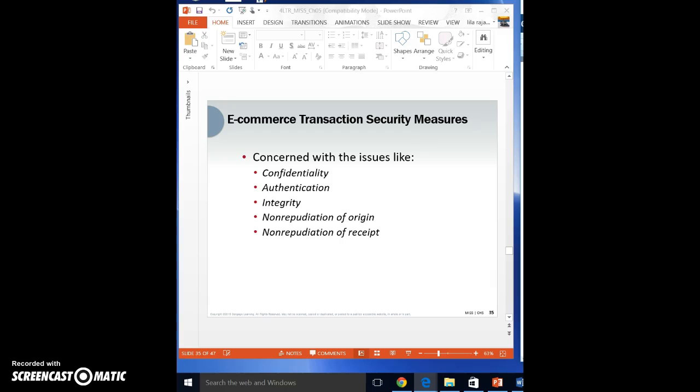Non-repudiation is needed in case a dispute over a transaction is raised. Digital signatures can be used for this, and they can serve to bind partners in the transactions. E-commerce transaction security is concerned with issues such as confidentiality, authentication, integrity, non-repudiation of the origin, and non-repudiation of the receipt.